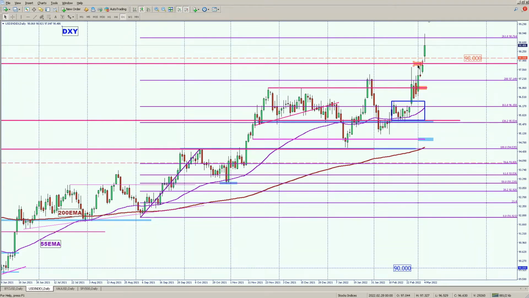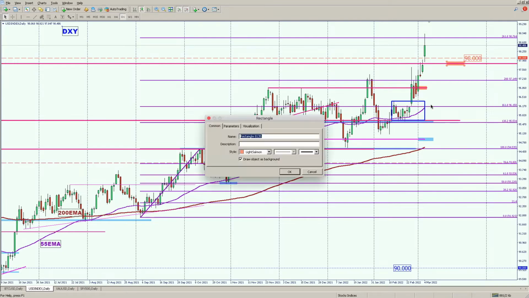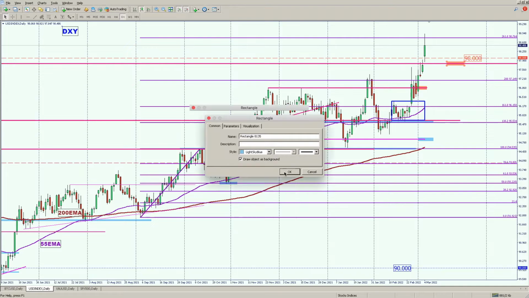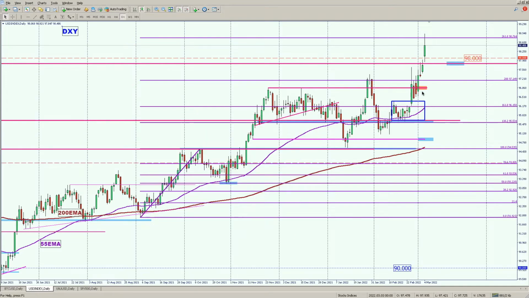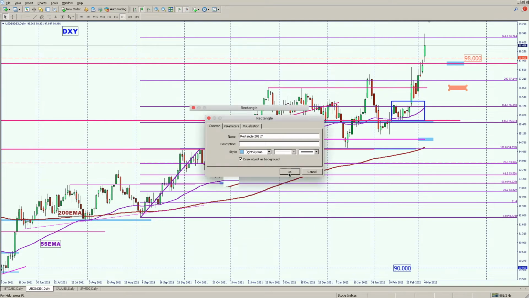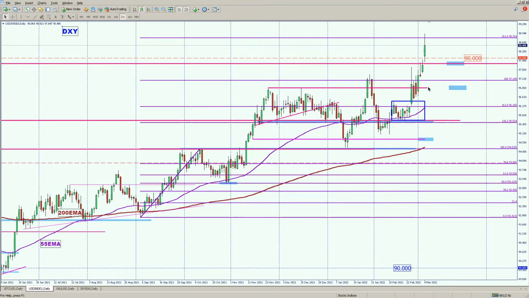So let's mark this as support for now, as well as this lower level here. Let's just extend this swing high here.